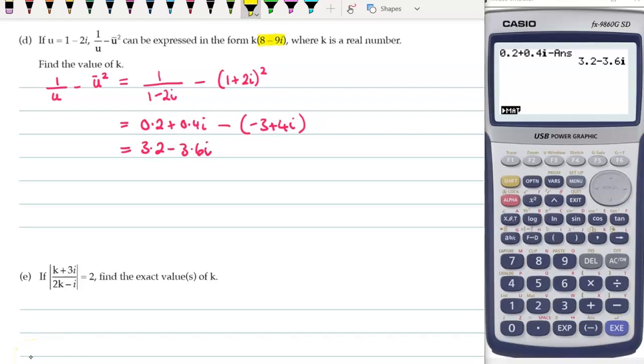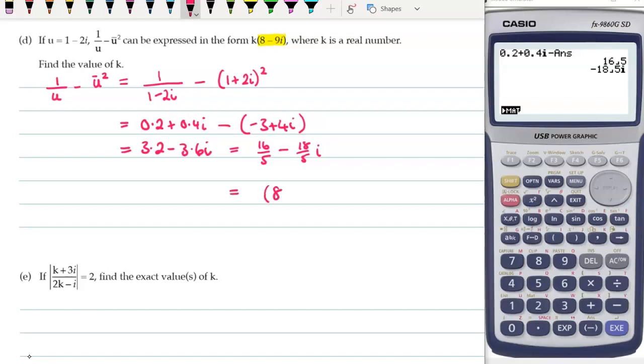From there, we need to get out a factor of 8 and 9 from those coefficients there. And using the function on the calculator to turn this into fractions might make this a little easier. So this is 16 over 5 minus 18 over 5i, and we can see some factors of 8 and 9 there.